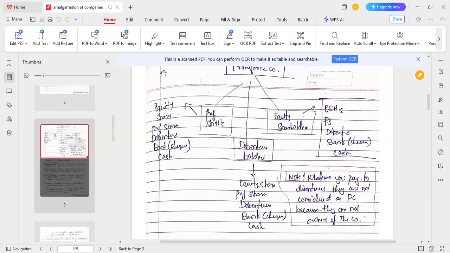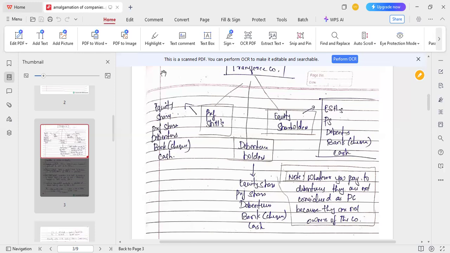Okay. In amalgamation of companies, how will the purchase consideration be calculated or how is it considered? Let's take the classic example as we had in the last video's explanation.